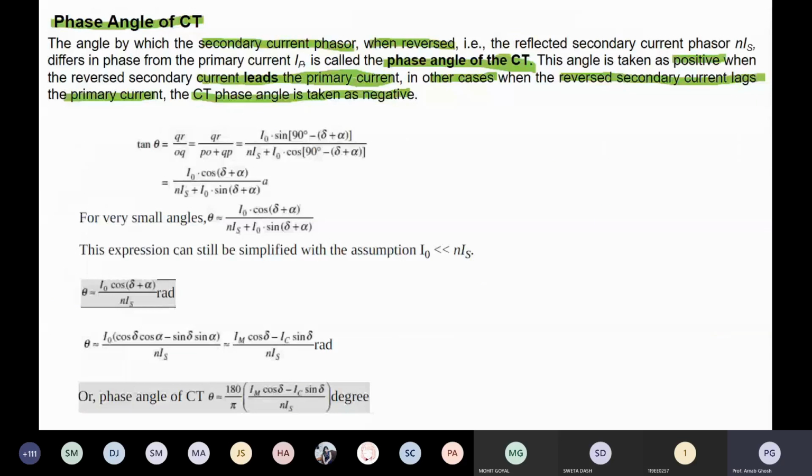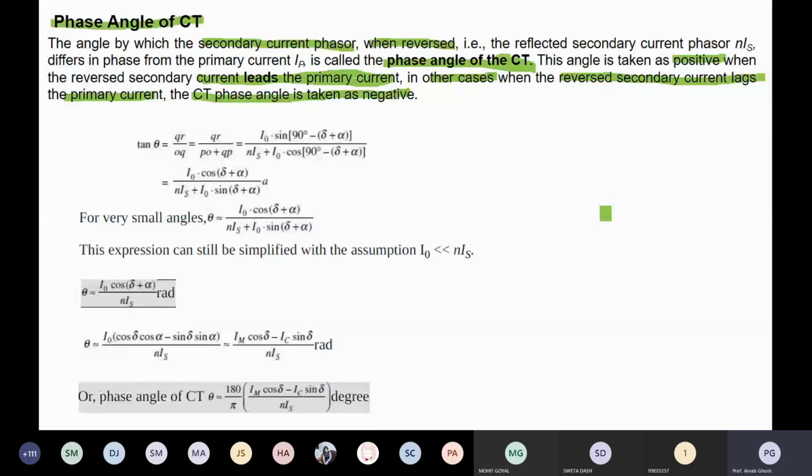At home, for the case where your primary current is leading your secondary current, you should draw the phasor diagram for that leading power factor load. That means for the CT, you have to find the primary current IP for the leading power factor load.